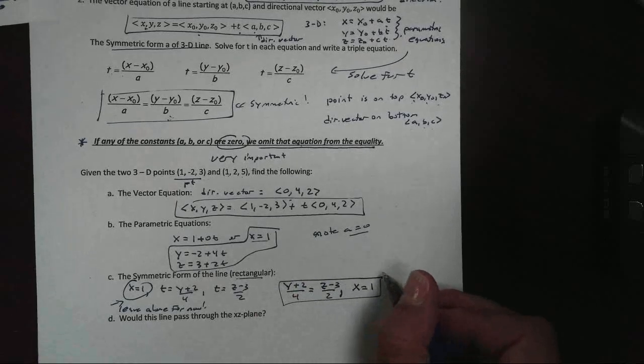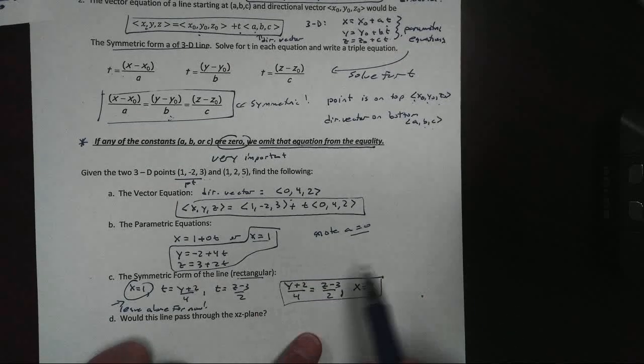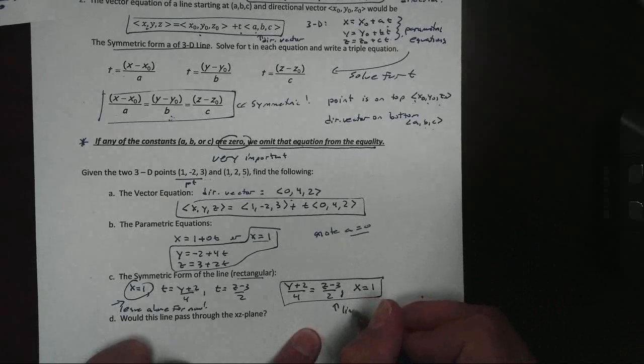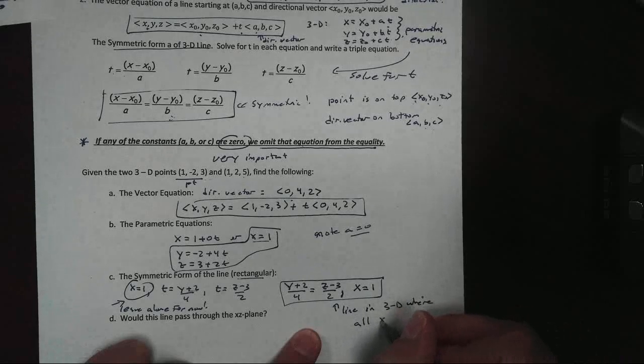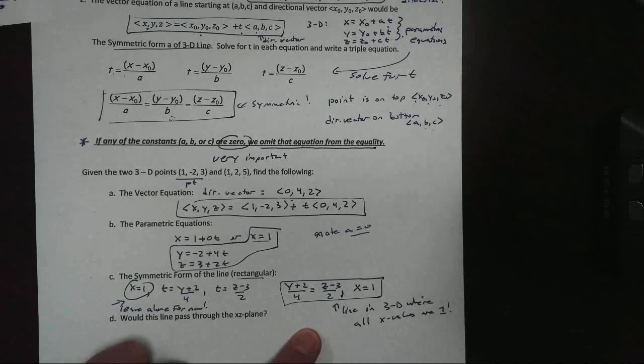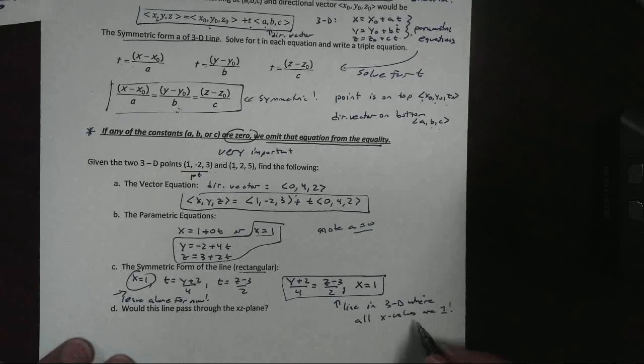So what this is telling us, this is the equation of a line in 3 dimensions where all x values are just 1. So the x values never change, and that's what that means for us right there.